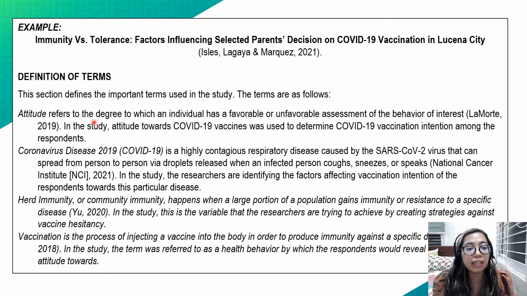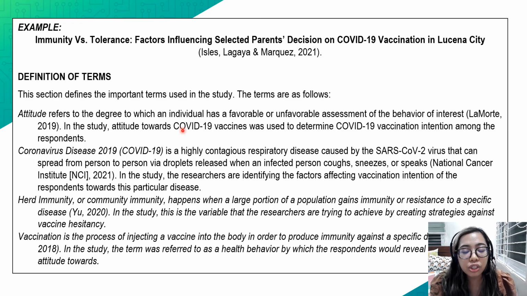So, hindi ibig sabihin na konti lang yung unfamiliar terms, ay konti lang din yung nandito. Actually, itong definition of terms, ito ay extended version ng inyong scope and limitation. So, dito, pwede nyo i-define yung mga words na hindi lamang unfamiliar, pwede nyo rin i-define dito yung mga variables ninyo.